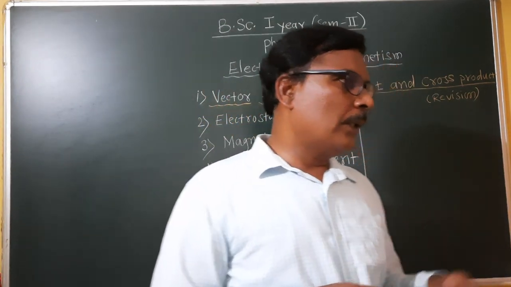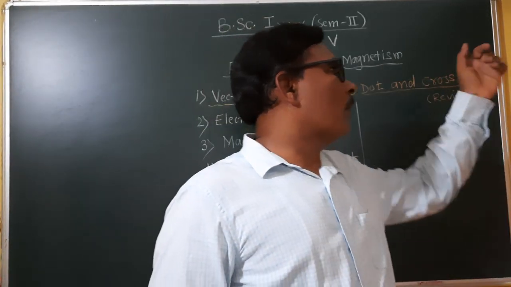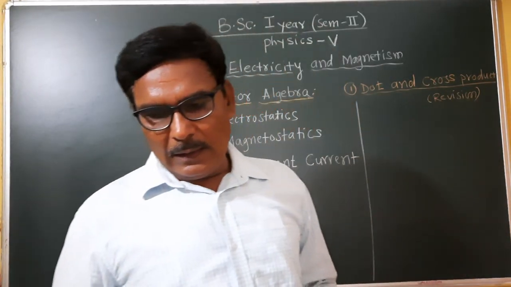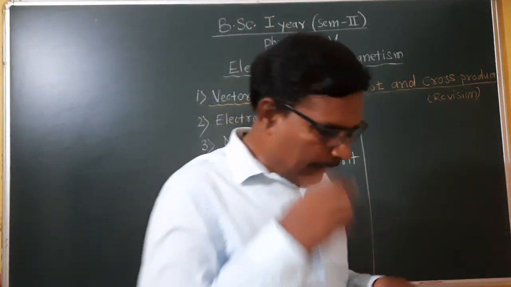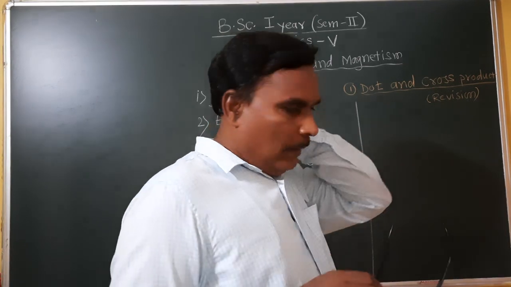Now in our syllabus, the first article is dot and cross product, a revision. First of all, what do you mean by a dot product and what do you mean by a cross product? We have to study one by one.